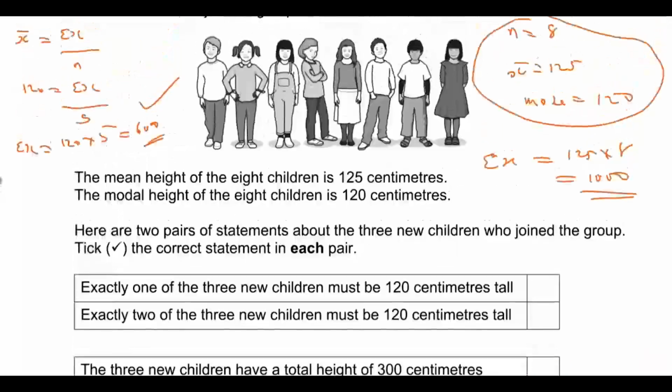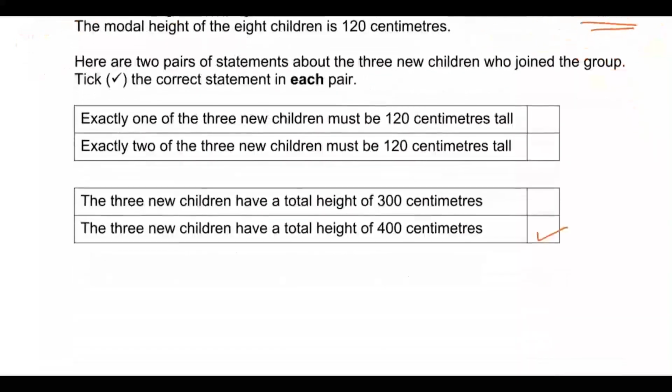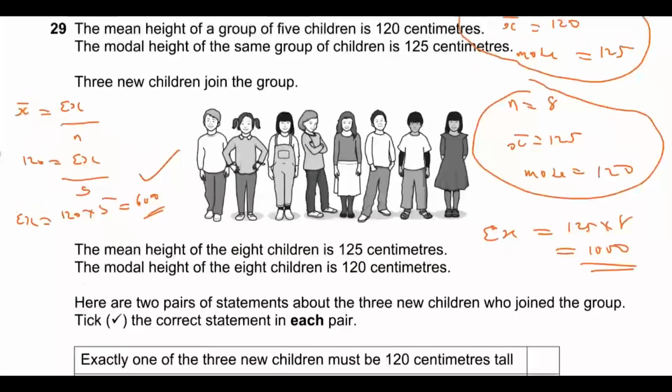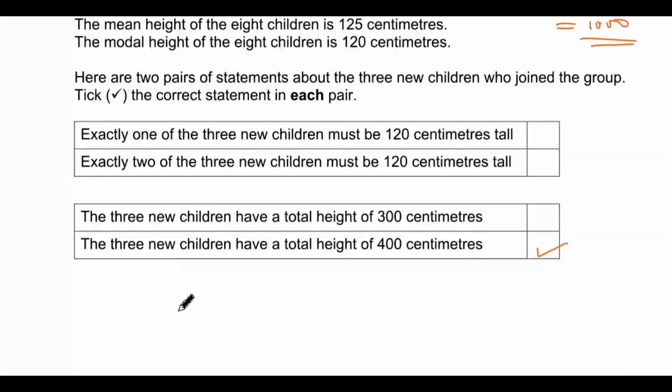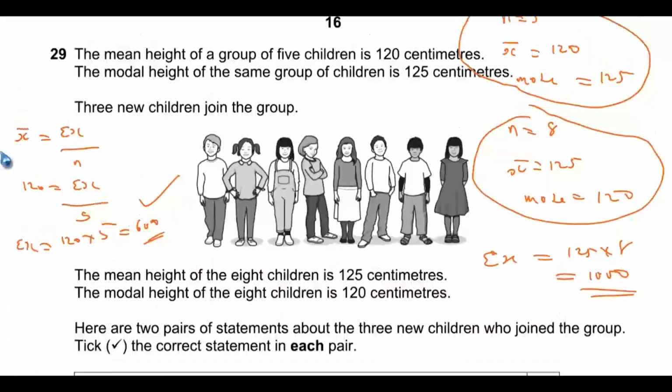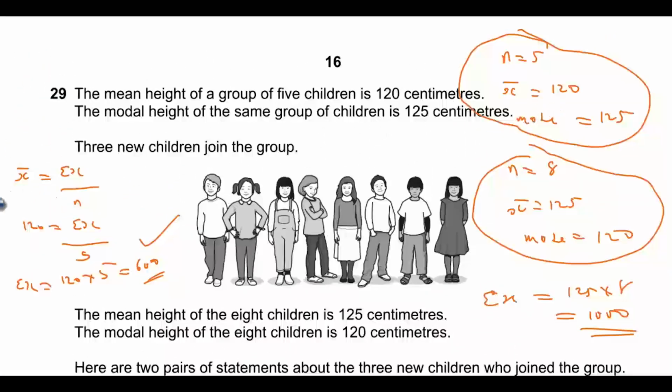So let's examine this. When there were 5, the mode was 125. So let's say we have 1, 2, 3, 4, 5, and the mode is 125. That means 125 should appear at least 2 times. And their mean height is 120.